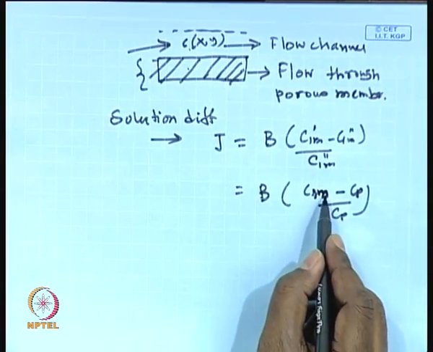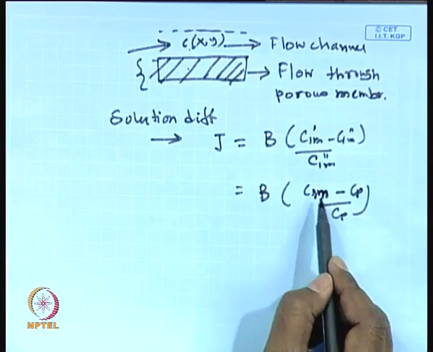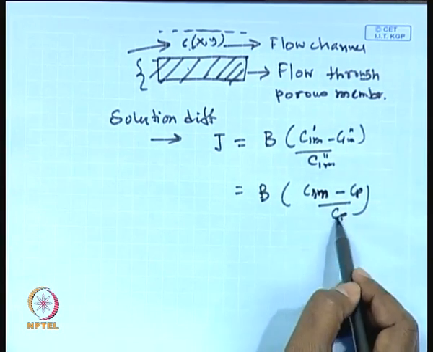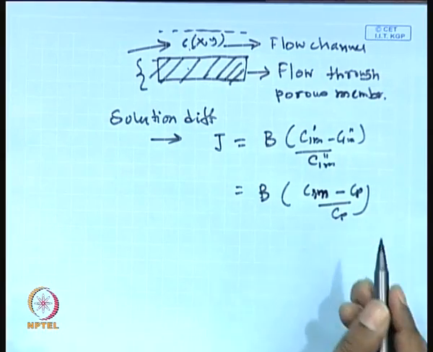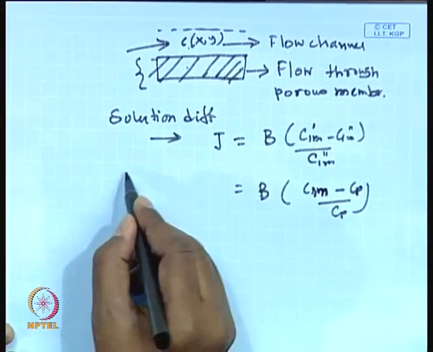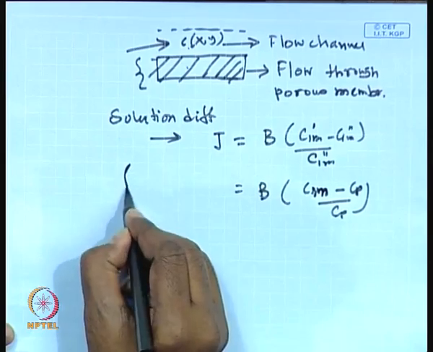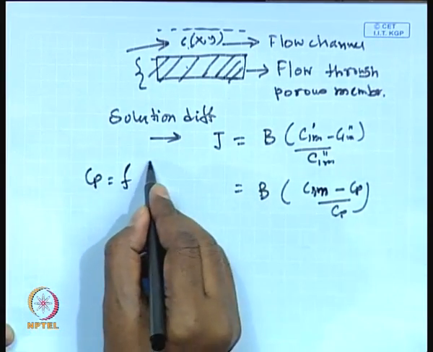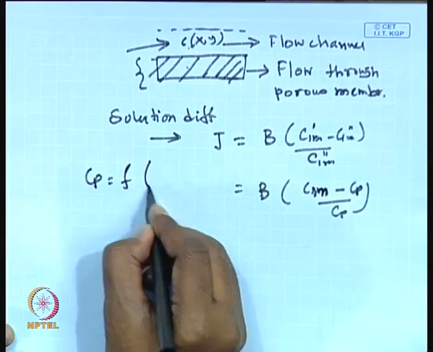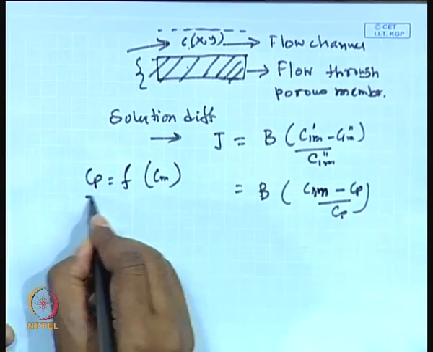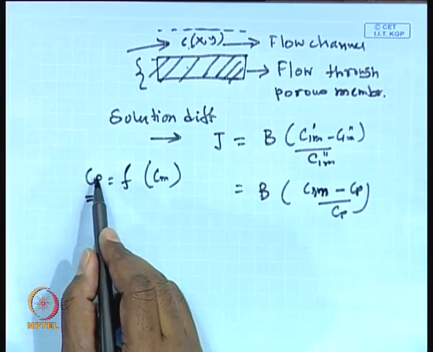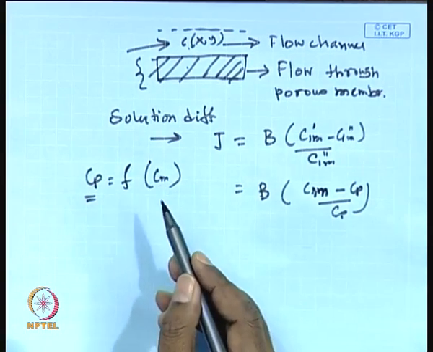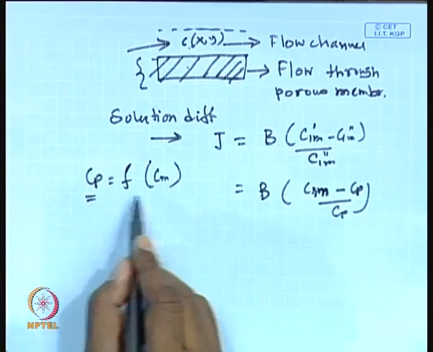Cm is the concentration of the solute in the solution at the membrane feed interface, and Cp is nothing but the permeate concentration, right. Now, this gives a functional relationship between Cm and Cp. What is Cp? Solute concentration in the permeate, and Cm is the solute concentration at the feed membrane interface.